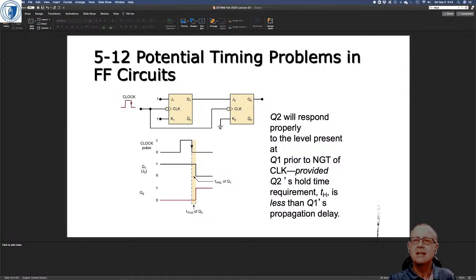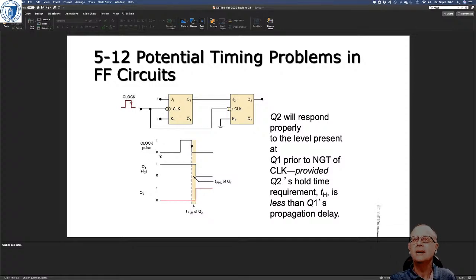Right, so here's an example. We've got two JK flip-flops, and you can see they're both being driven by the same clock. The JK flip-flops have an active low clock input, and we've got a 1 and a 1 on the inputs of flip-flop 1, and the K input of flip-flop 2 is grounded, so that's a 0, and the J input of flip-flop 2 is coming from the Q output of flip-flop 1.